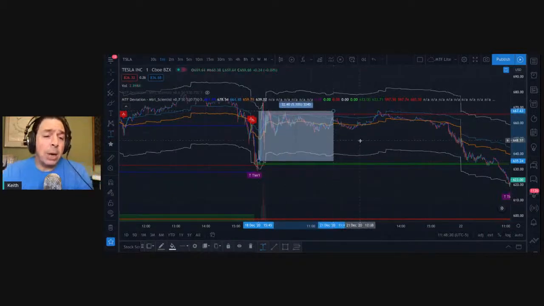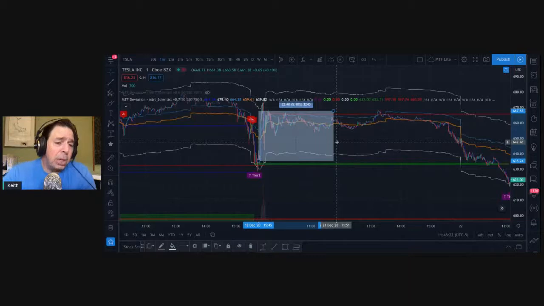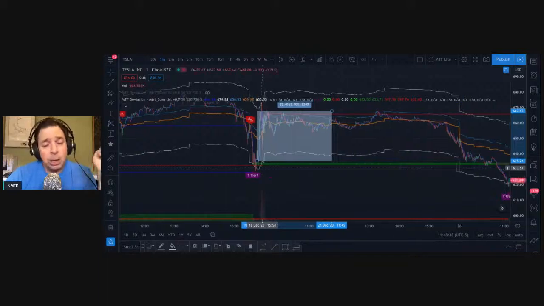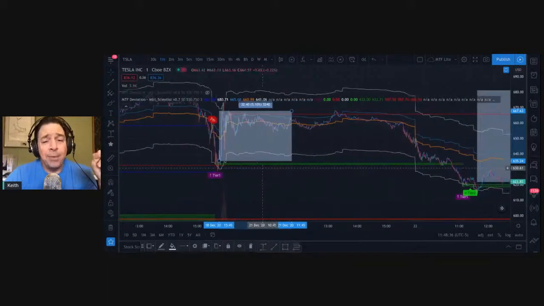buy dips and aggregate, right? So if you just want to buy Tesla, or you want to buy Bitcoin every time it fires an MTF, every time it has a significant dip with a high probability of bouncing, then you can do this the very same way.